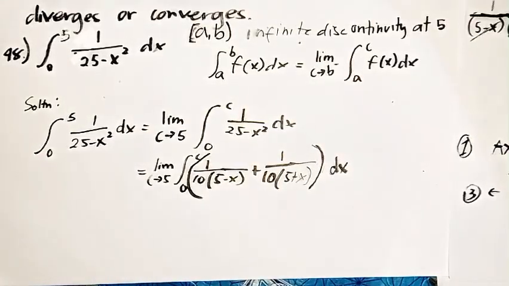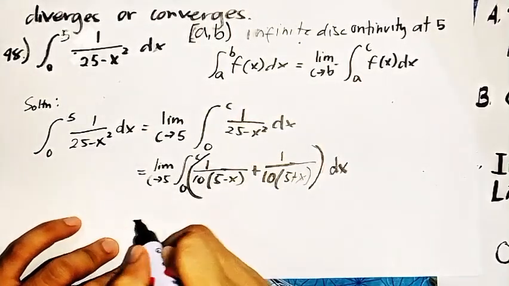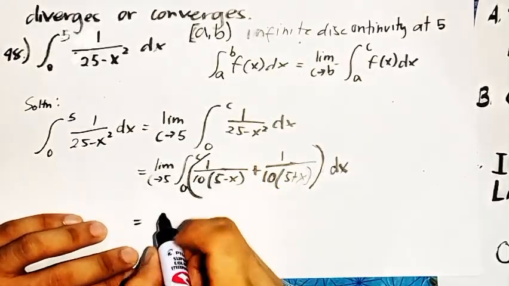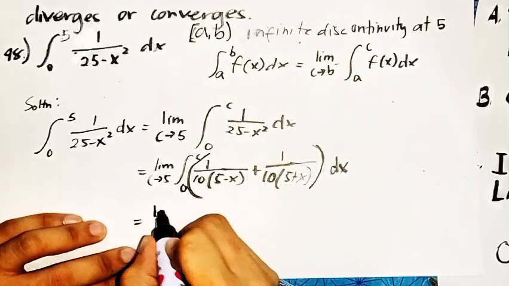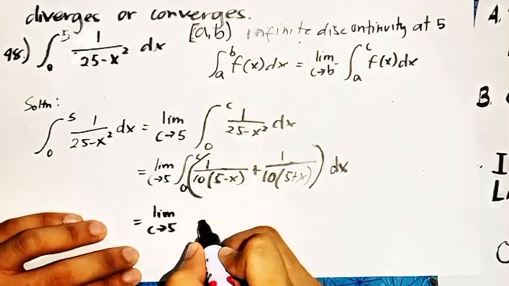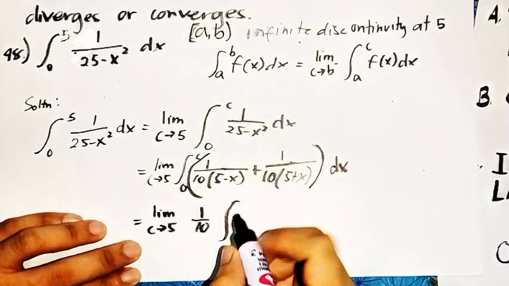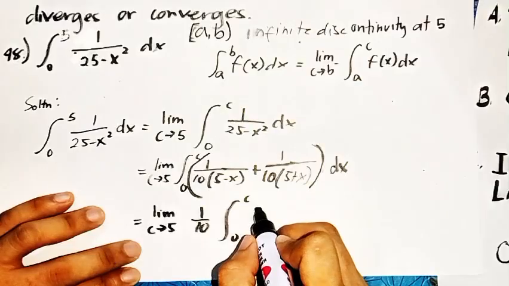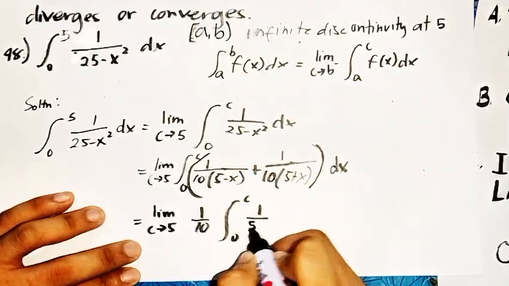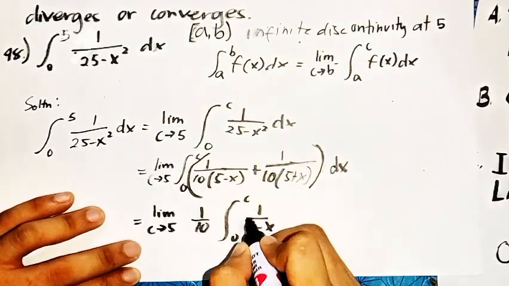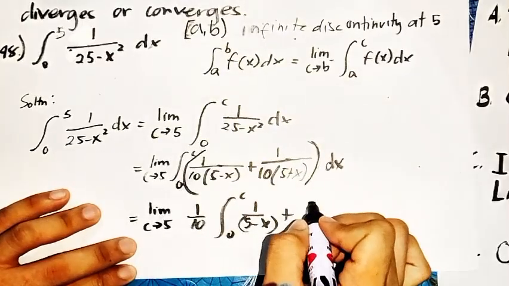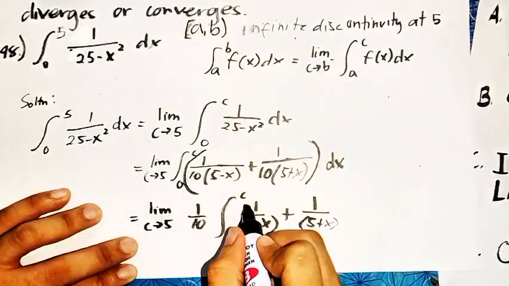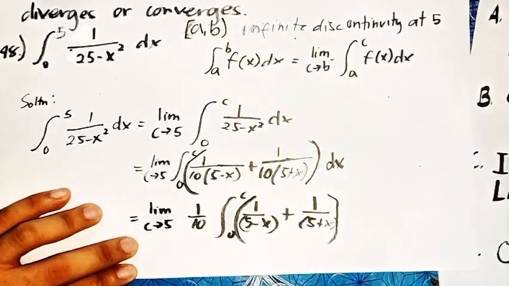Now let's continue. We can put the 1 over 10 outside the integral. So magiging limit c approaches to 5, 1 over 10, integral from 0 to c, we have 1 over 5 minus x plus 1 over 5 plus x dx.